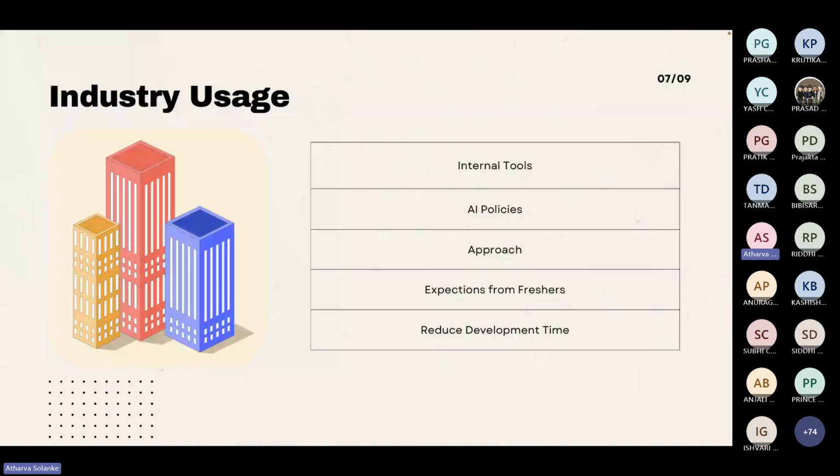For the industry usage, as I already told you, you are using anti-gravity, you're using Bolt, and you're using Vercel for creating projects. But in industry, we don't use this kind of stuff. We create agents, we create orchestration, we create workflows, and then only we implement it. We can't give the complete company information to any random tool out there.